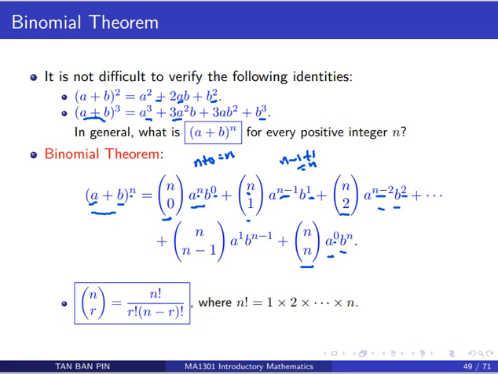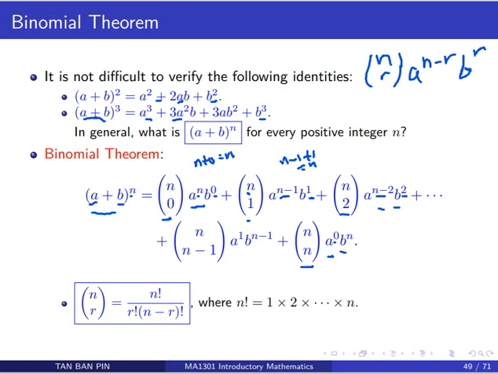And if you write down the general term, it should be n choose r, a^(n-r), b^r. This should be the general term. If you sub r as 0, you get n choose 0, then a^n, b^0.